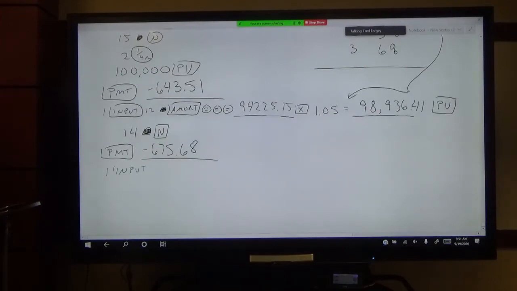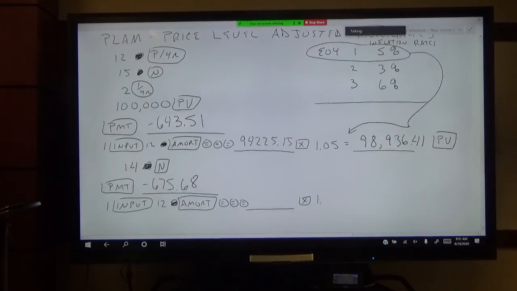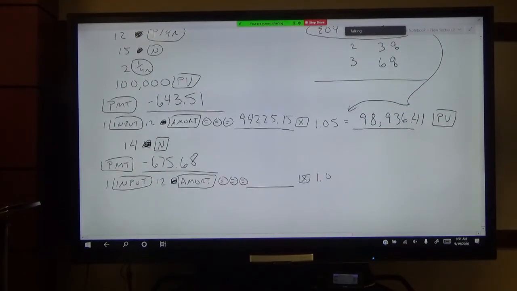Now that we've started things over again, another 12 months. Do you multiply the balance by the 3%? Yes. Oh, okay. I see. 3%. I was doing it earlier.